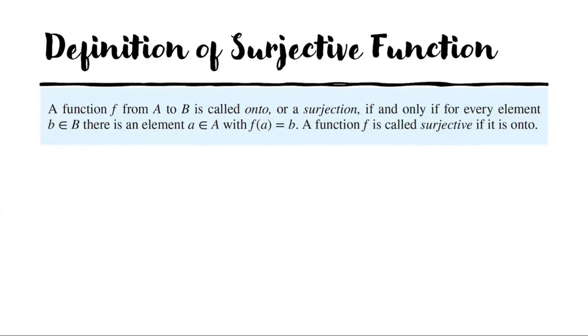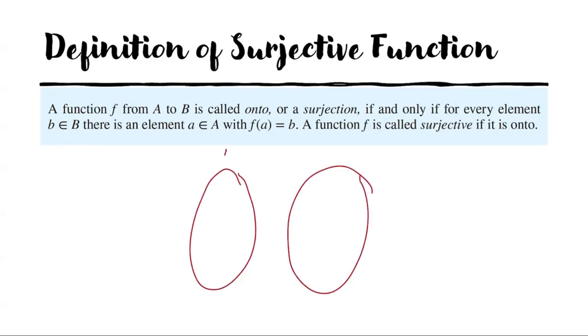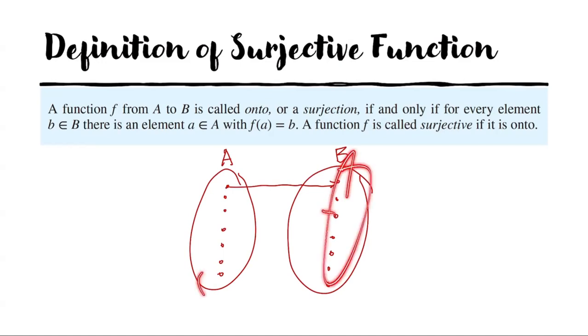So what does it mean here? Here it should say A, here it should say B, and then there are some elements. Surjective function means every element in the output has an input going to it.